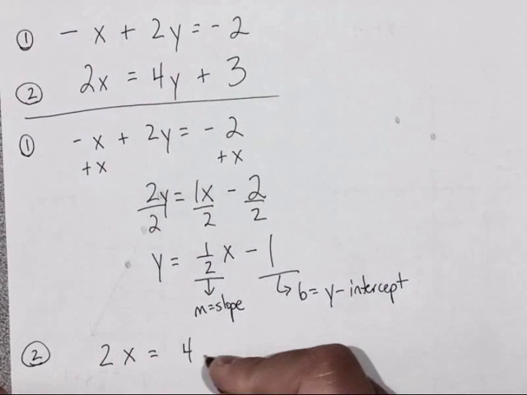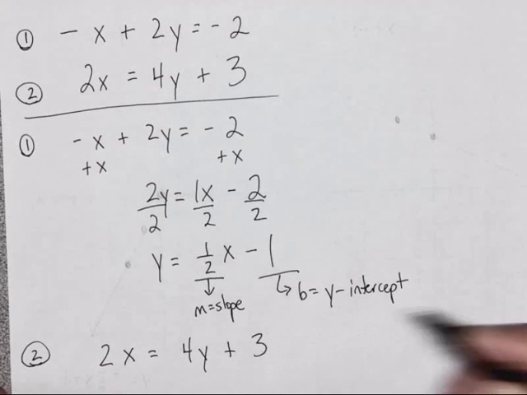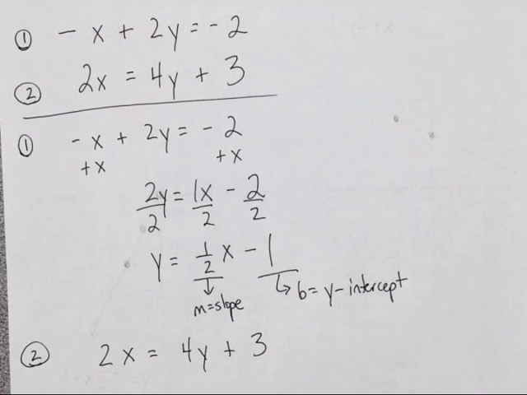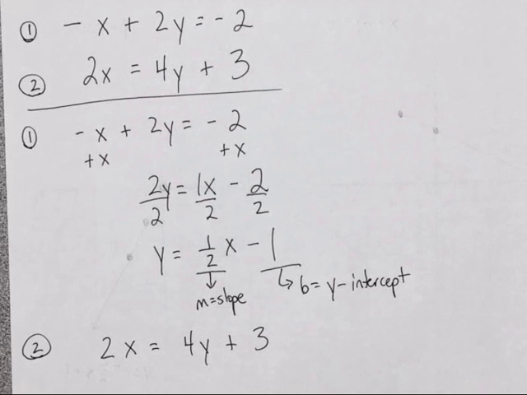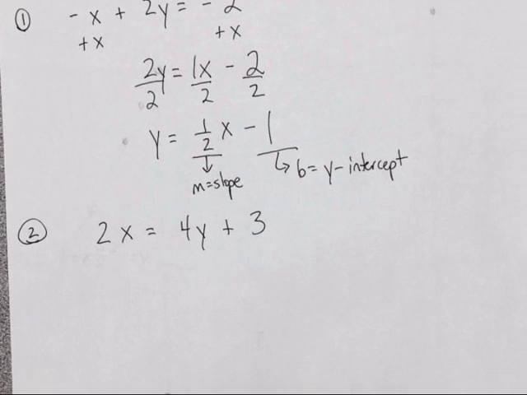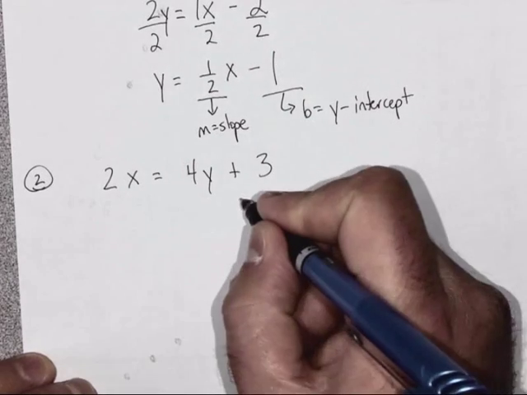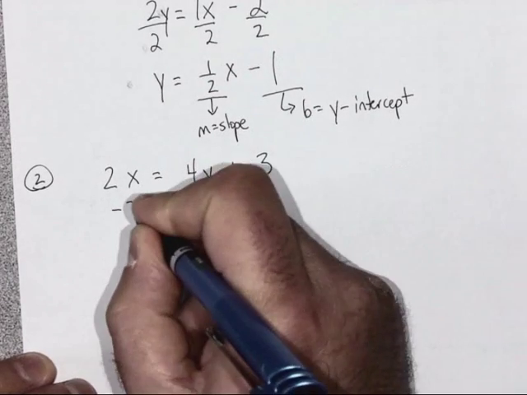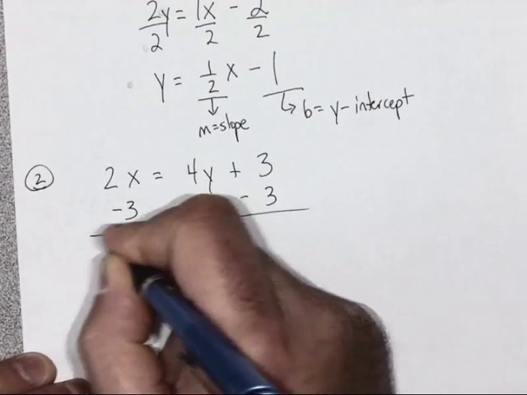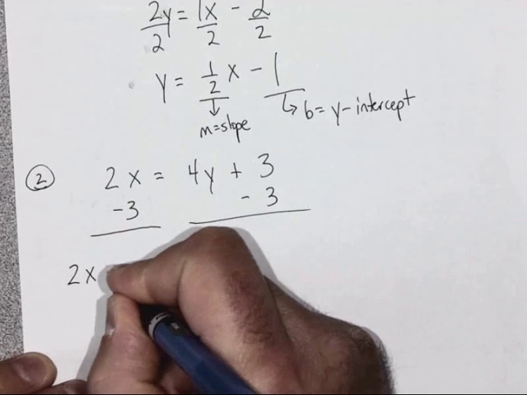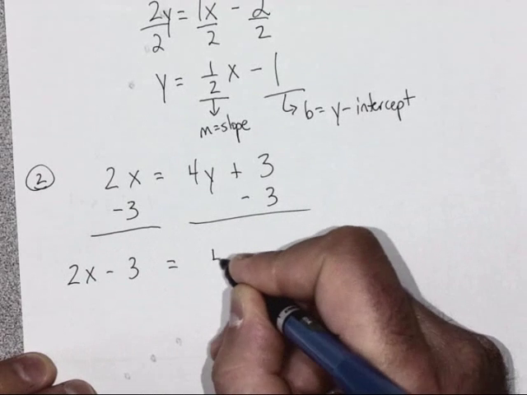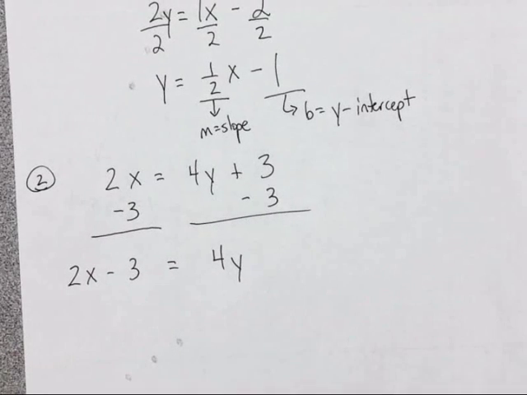And then we can determine what the slope is and go from there and see if these two lines are parallel. Okay, so I'm going to solve this for y. So I'm going to subtract 3 from both sides. So that's 2x minus 3 equals 4y.